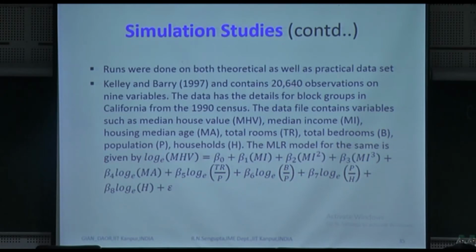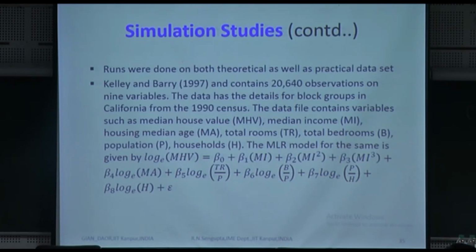You can find the link; I think I don't have it, but I'll give it to you. This is the total number of bedrooms. P is the population. Again, H is the household average number of people who are working, if I am not mistaken, because there would be kids too. If there are 2 kids and father and mother, husband and wife, they are considering the number of people who are working.